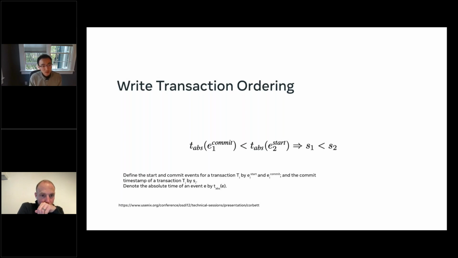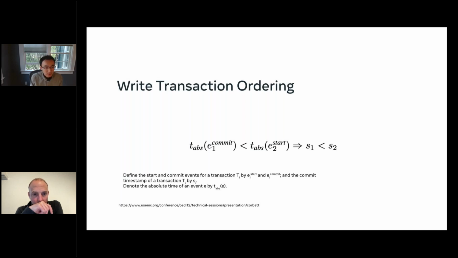I want to have this property: if transaction 1's absolute commit time is less than transaction 2's absolute start time, which means in terms of absolute time, transaction 1, E1 in this case, is committed before transaction 2 is started, then I want transaction 1's commit timestamp, in this case S1, to be less than transaction 2's commit timestamp, in this case S2. So that's the property we want.